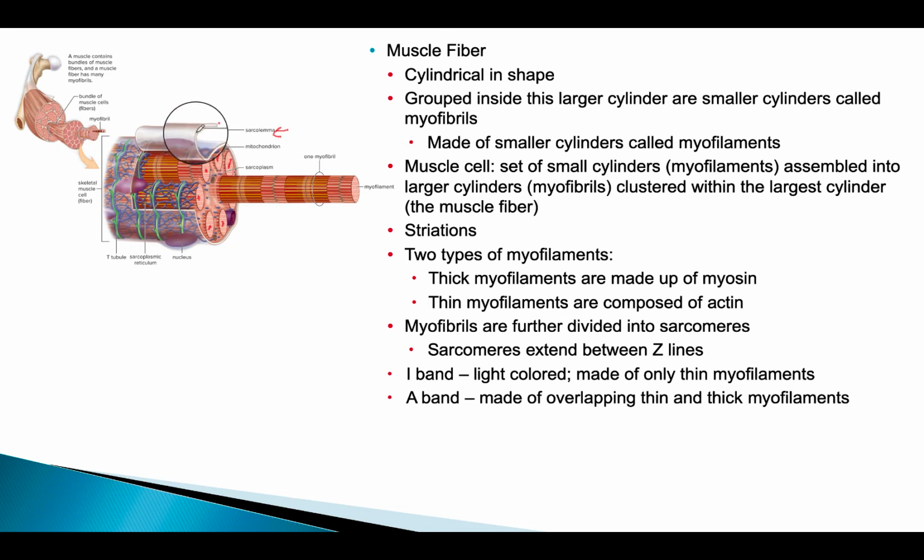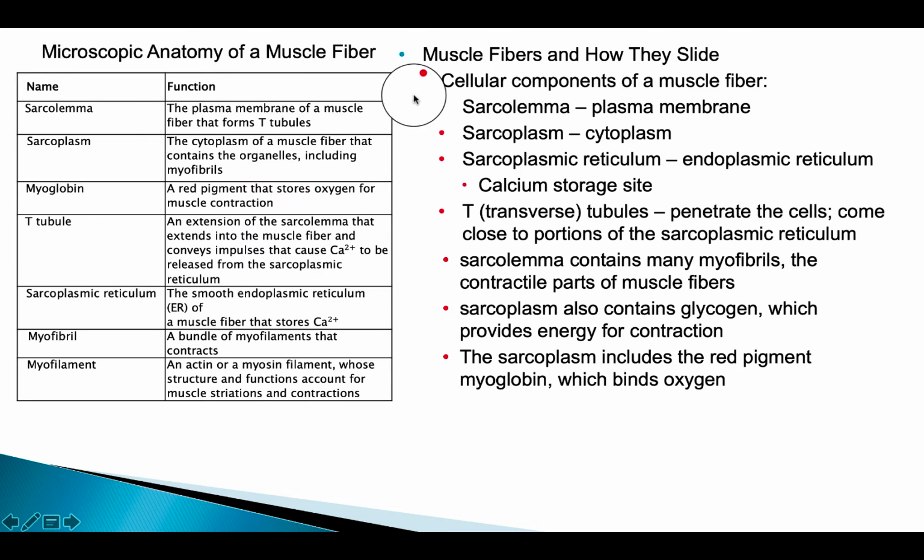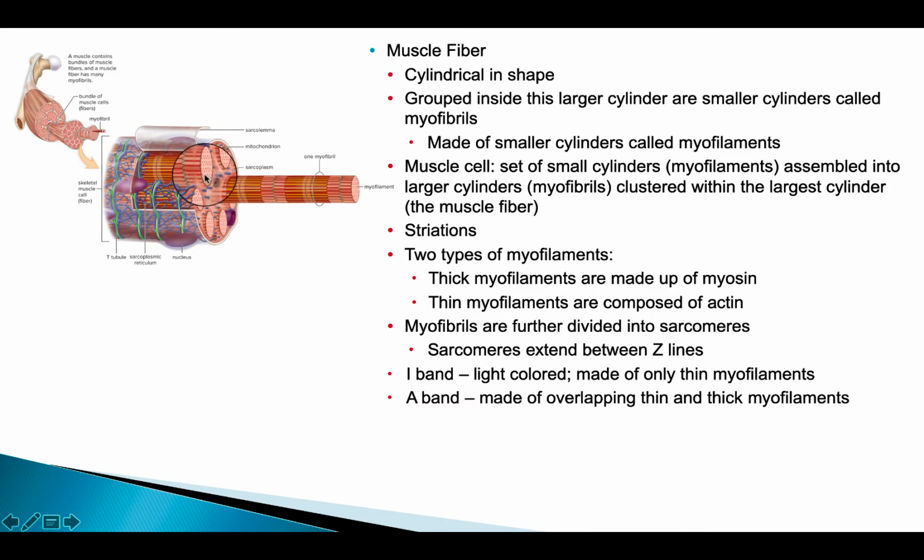So this right over here is your sarcolemma. Sorry, not cytoplasm. This would be the cell membrane right here, right? So sarcolemma is the same thing as the cell membrane as we mentioned from the previous one, right? So sarcolemma, plasma membrane or the cell membrane. So that's what is shown right over here.